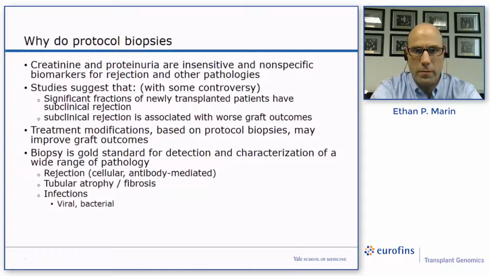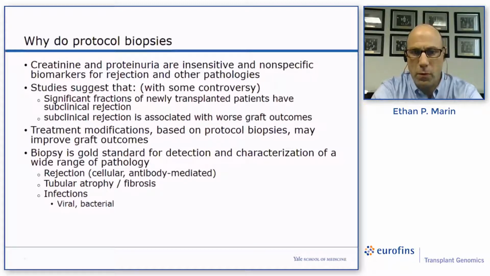Further, subclinical rejection is thought to be associated with worse graft outcomes. So the feeling is that if we can pick up this subclinical rejection through a protocol biopsy and modify our treatment or treat the rejection, that we can improve graft outcomes.